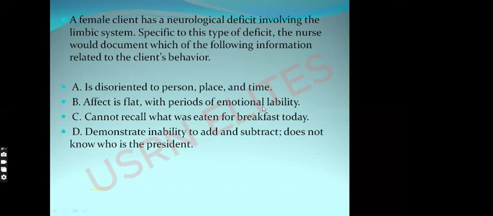We carry on. A female client has a neurologic deficit involving the limbic system. Someone is asking, what is this limbic system we are talking about? Specific to this type of deficit, the nurse would document which of the following information related to the client's behavior. With this question, if you don't know what the limbic system is, it will be difficult for you to answer.